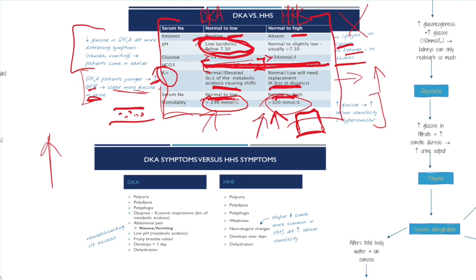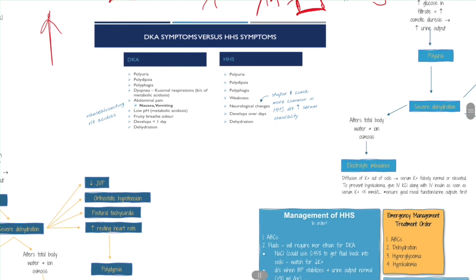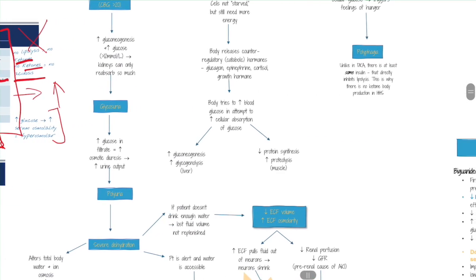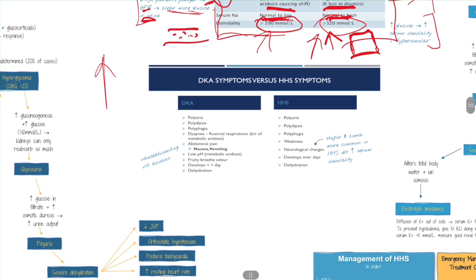So really quickly, the differences in symptoms between DKA and HHS. If you understand what I just talked about here and what we talked about over here, this is not difficult. The big differences here are this nausea and vomiting, because it comes from the acidosis. You don't have the acidosis in HHS, you don't have that nausea and vomiting. What you do have here are these neurological changes.